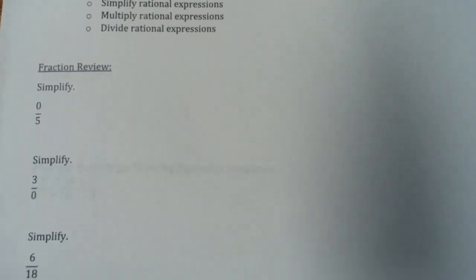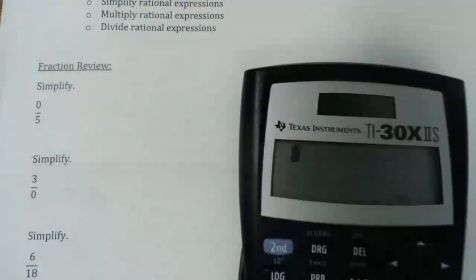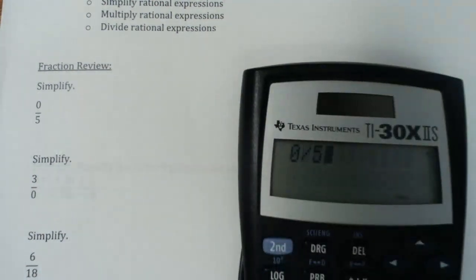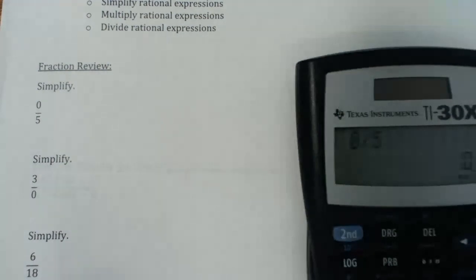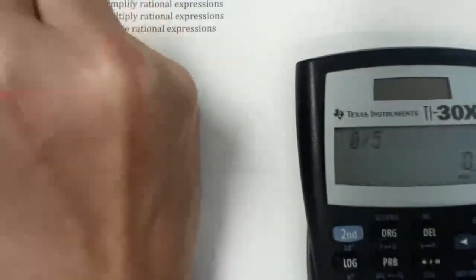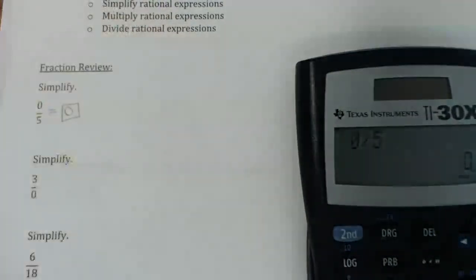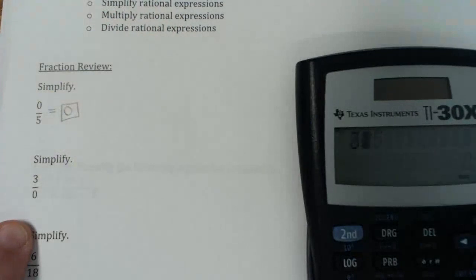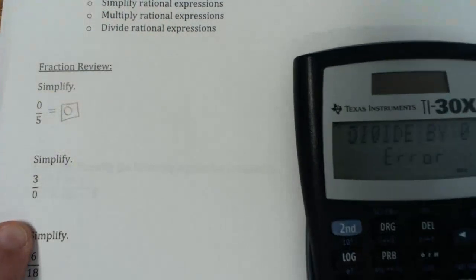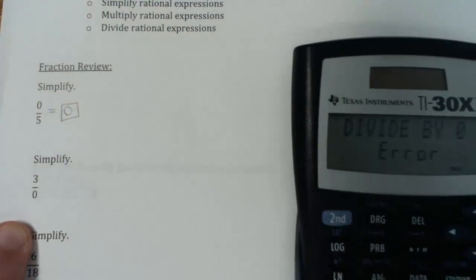So simplifying 0 divided by 5, 0 over 5. Remember, fractions mean divide. So 0 divided by 5 will give us 0. Whereas to simplify 3 over 0, so 3 divided by 0 will give us in our calculator an error. We cannot divide by 0.